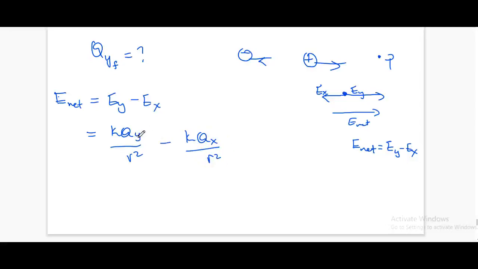And remember, this QY is the QF, because we're asking how much electrons must be lost. After the electrons are lost, there will be a final charge, which is this one, QYF.